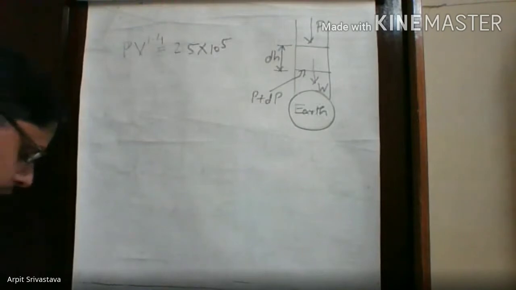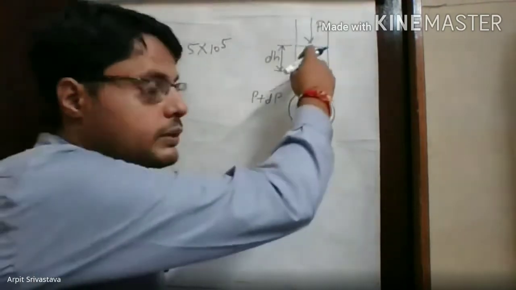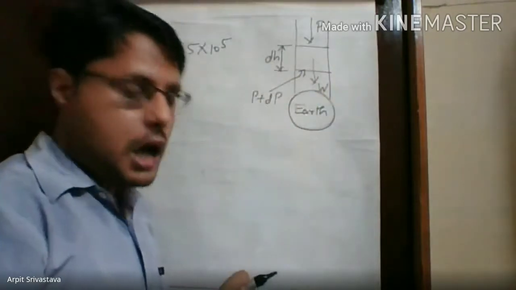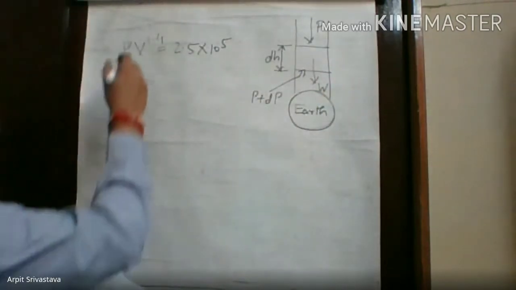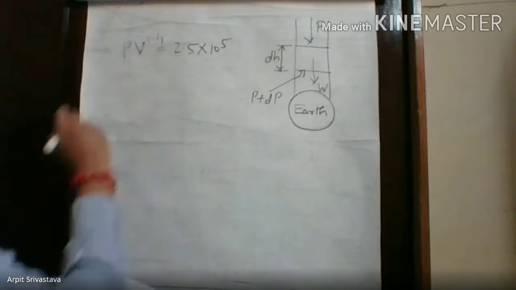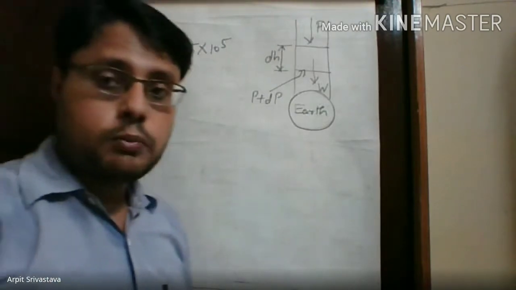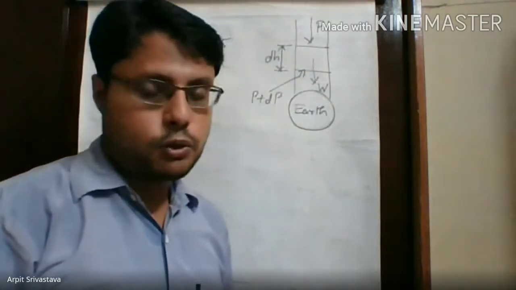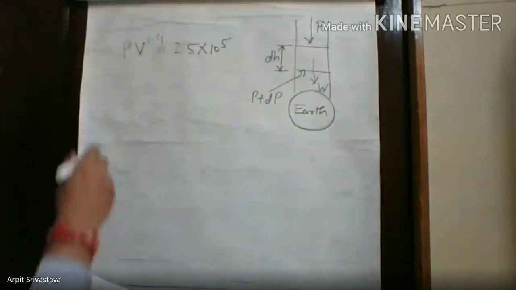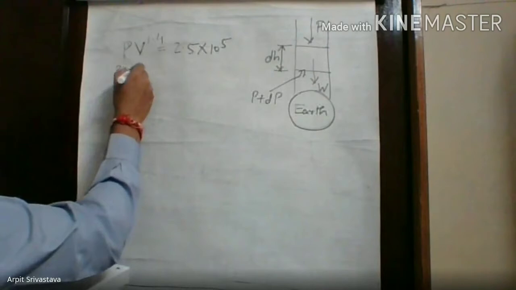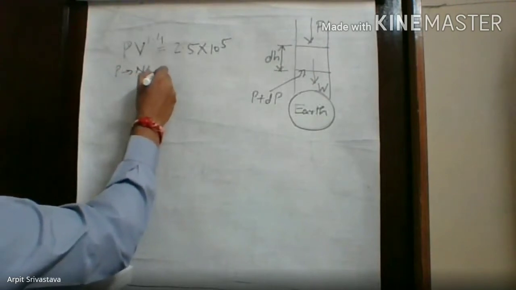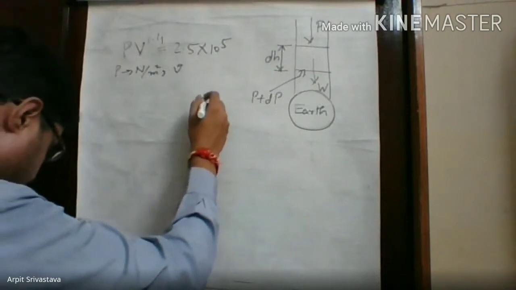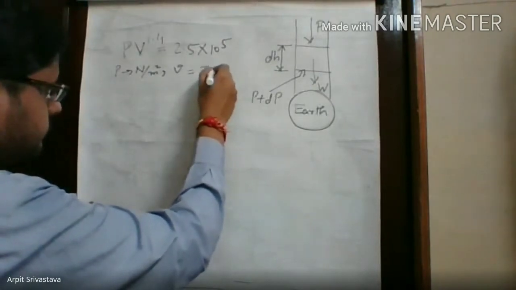Where P is in Newton per meter square, and specific volume unit is meter cube per kg.